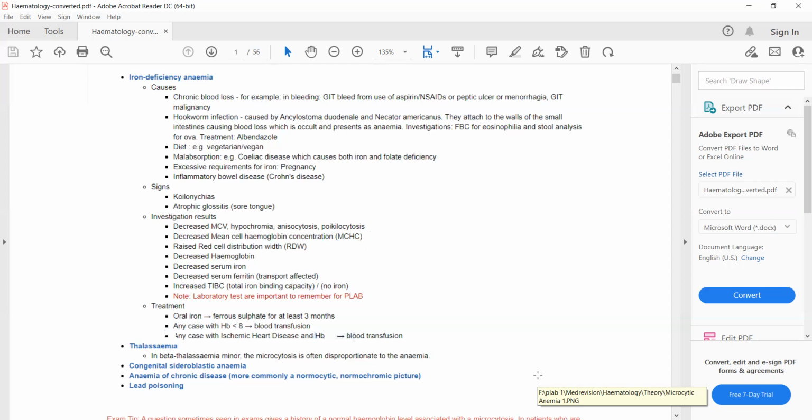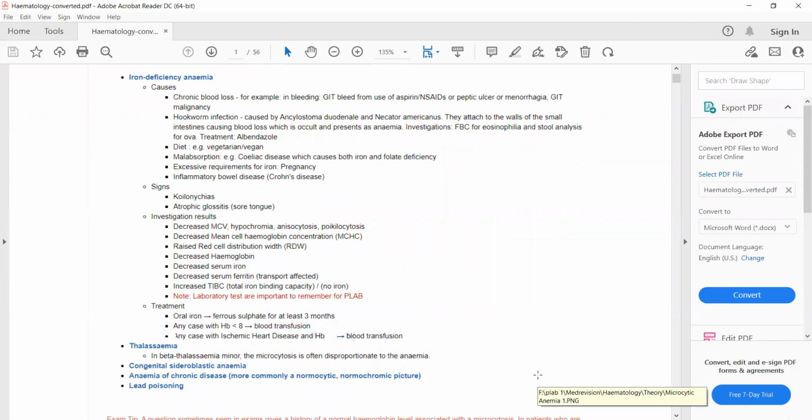Now, GIT blood losses can be due to chronic use of aspirin or NSAIDs, which lead to peptic ulcer disease or ulcer formation in the stomach or duodenum, which can lead to chronic blood losses. And the second cause related to GIT that can lead to chronic blood loss is a GIT malignancy. And the third cause of chronic blood loss is menorrhagia.